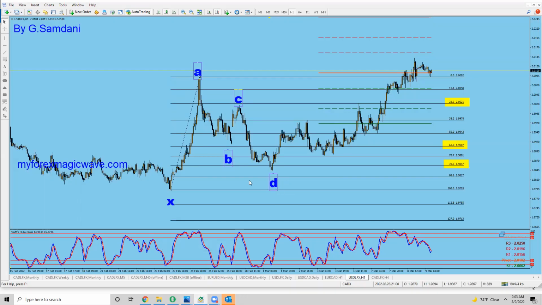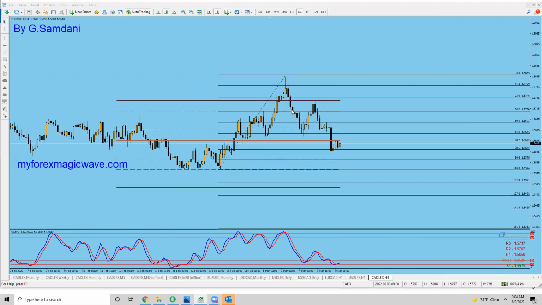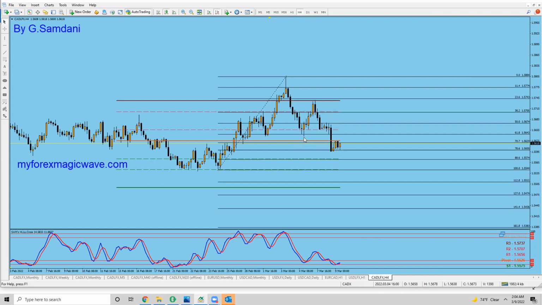So the idea that I'm showing is that the same thing is happening right now, currently in the CAD Index 4 hour chart. You see that? Currently, we have this. Now I'm going to pull the fib from here to there. All right. And then you notice that we touched here 61%.